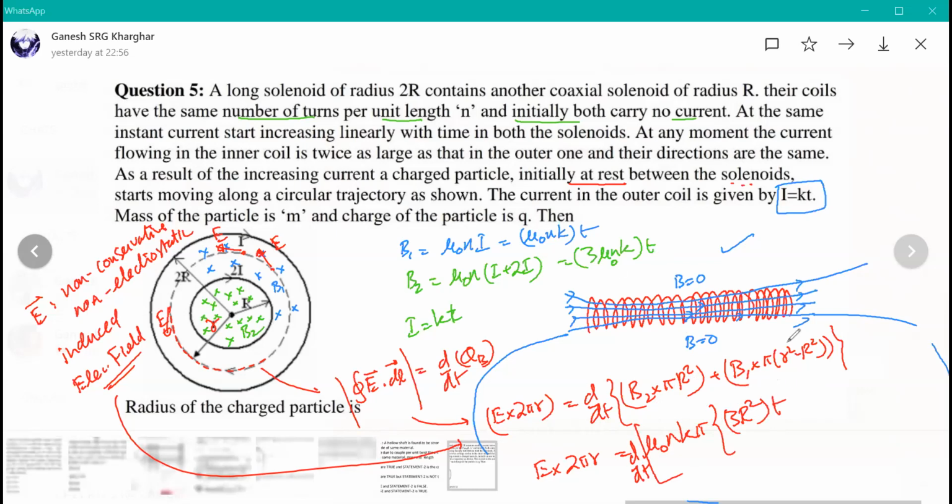And this term will have mu naught n k and pi taken common outside, so I have r square minus capital R square t. So mu naught n k pi into d by dt of 3r square minus r square, so that's 2r square plus r square t.